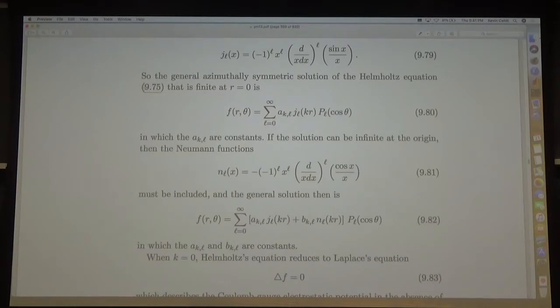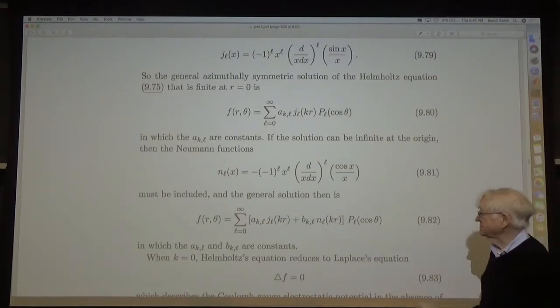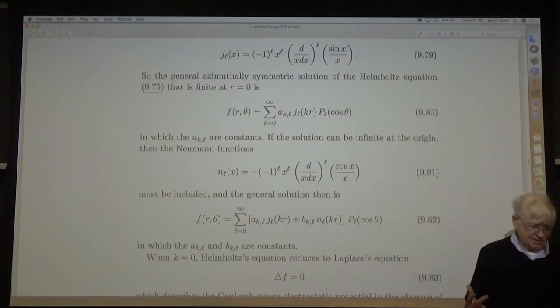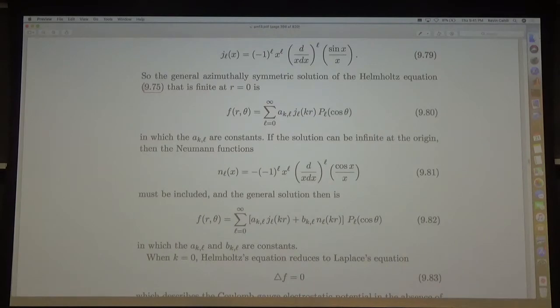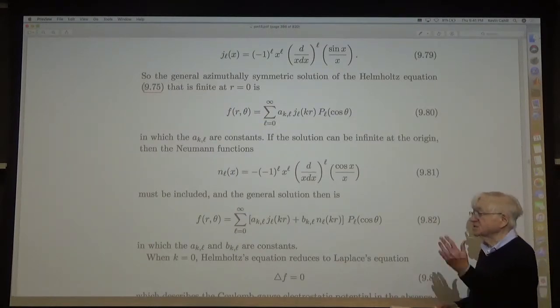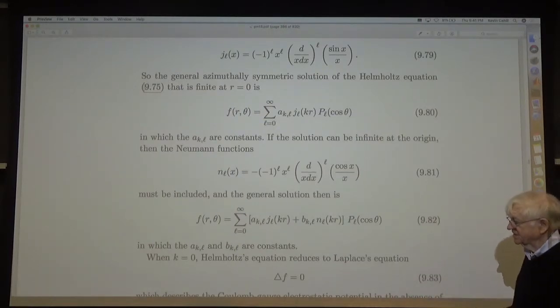And so the general solution in that case, this sometimes is used for the case where the solution f is infinite at the origin.